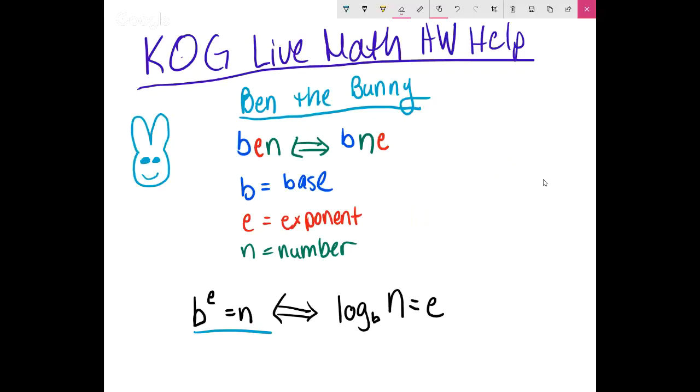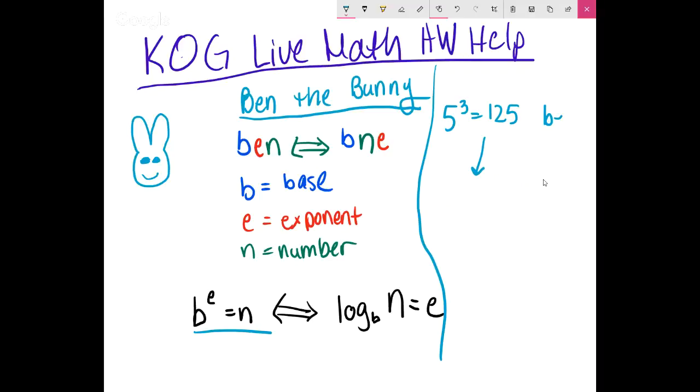So let's say we got 5 to the third power equals 125. Yes, it does. I'm going to go down. We want to write that as a logarithmic equation, or write it in logarithmic form, however you may see it on your assignment or test.